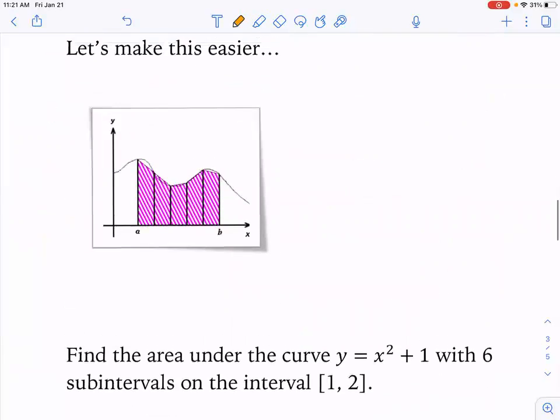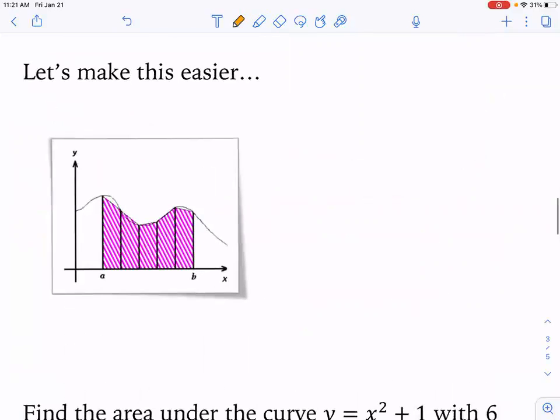Okay. So let's go ahead and write down how I want you to find the area.